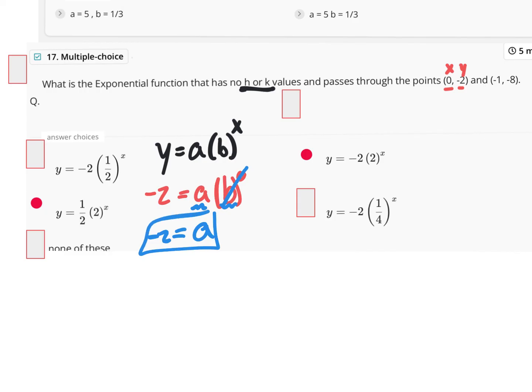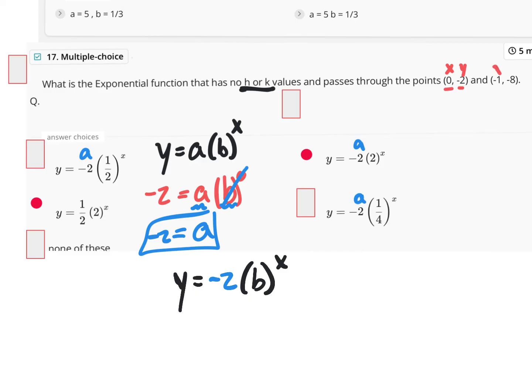That really didn't help us because we already know that the a value is -2 there, -2 there, and -2 there. So we have one of those three options, but now it's time to find the b value. Let's go back to this form without h and k, and plug in the a value we just found, which was -2, and we also have b to the power of x, and we will plug in the other coordinate that they give us.